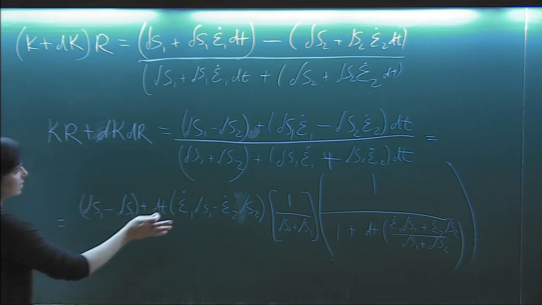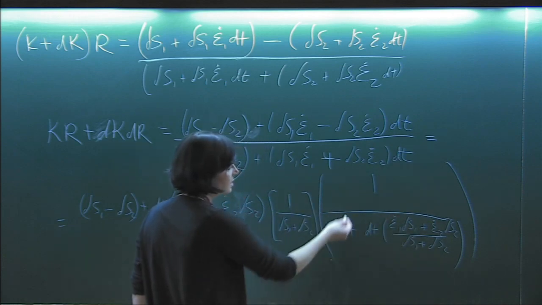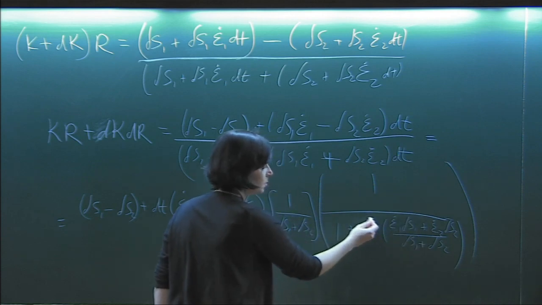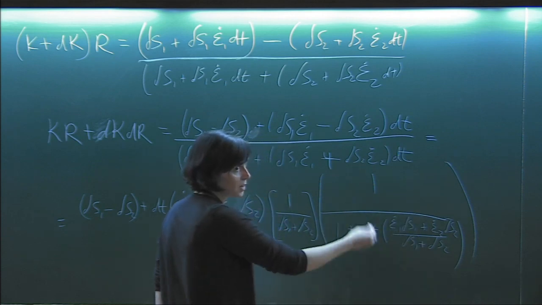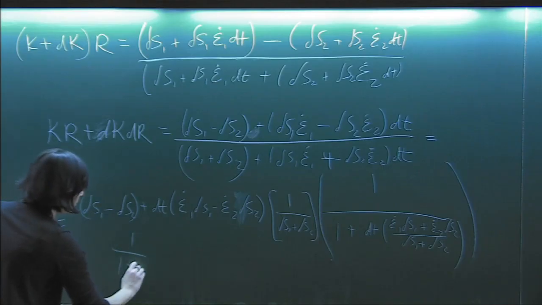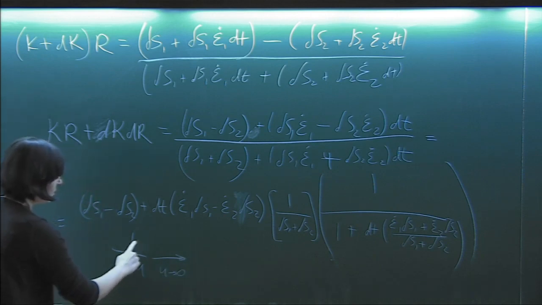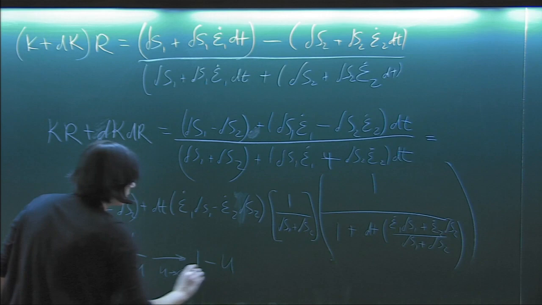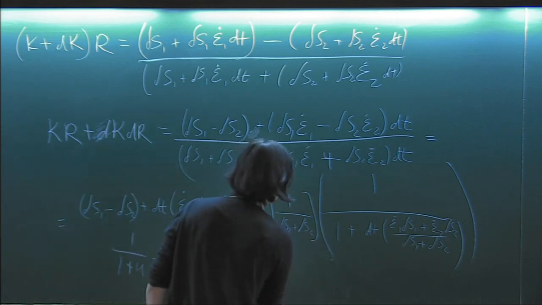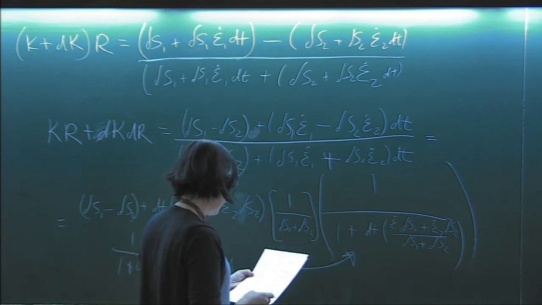I have a constant something multiplied by dt, and then I have this messy thing. The idea is that if I have 1 over something small, because this is multiplied by dt and dt is small, then I can make an approximation: 1 over u, when u goes to 0, is 1 minus u. This helps me linearize this term, so I'm going to use it here.